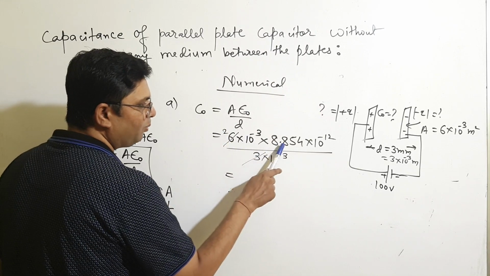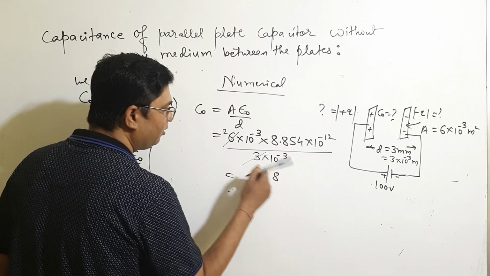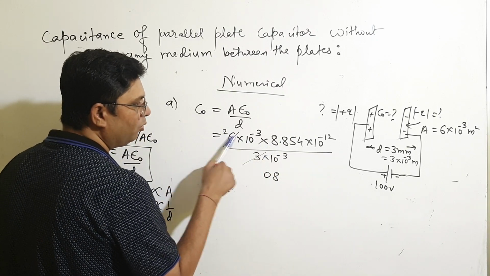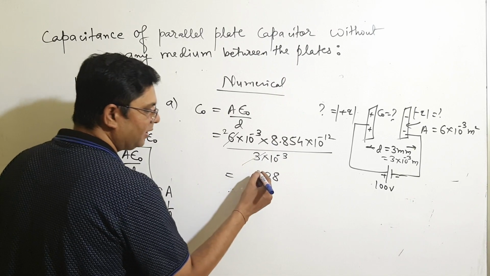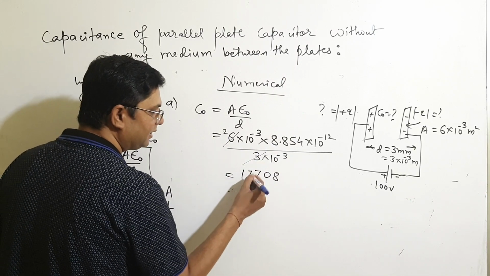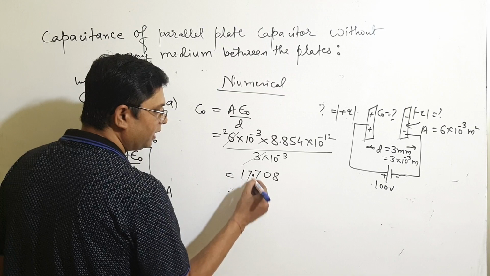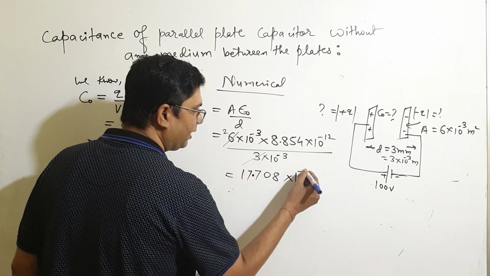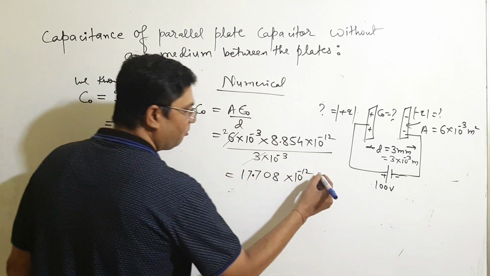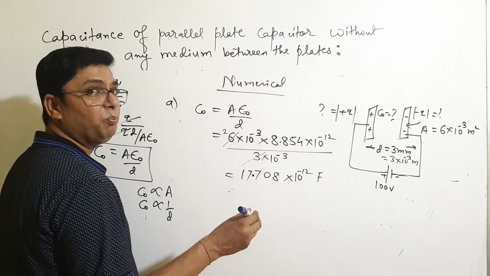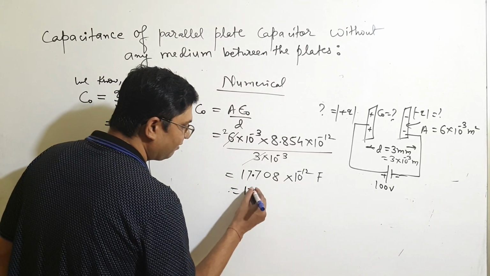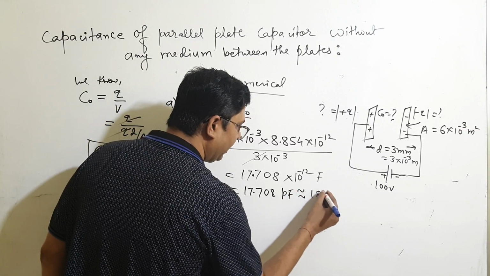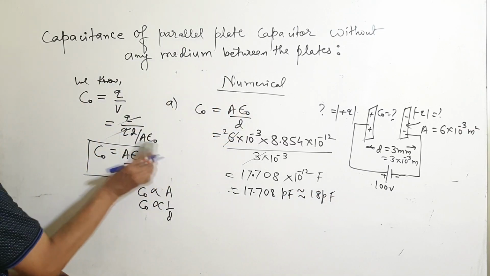Multiply this by 8.854, and you get 17.708. The 10 to the power minus 3 cancels out, so you have 10 to the power minus 12. This is in farad. 10 to the power minus 12 is said to be pico. So this equals 17.708 picofarad, which is nearly equal to 18 picofarad. You have learned it is 18 picofarad.